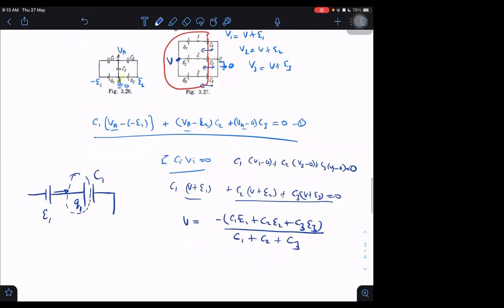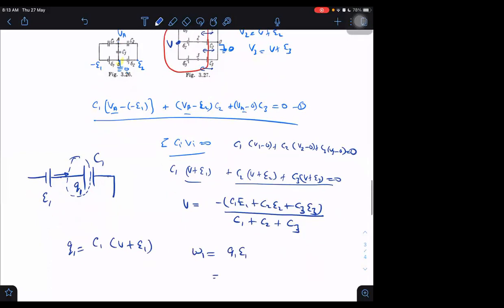Now, what is that Q1 into E1? Q1 is C1 into V plus E1. And the work done by the first battery, let's call it W1, is Q1 into E1. So our answer is C1 into V plus E1, multiplied by E1, that is W1.